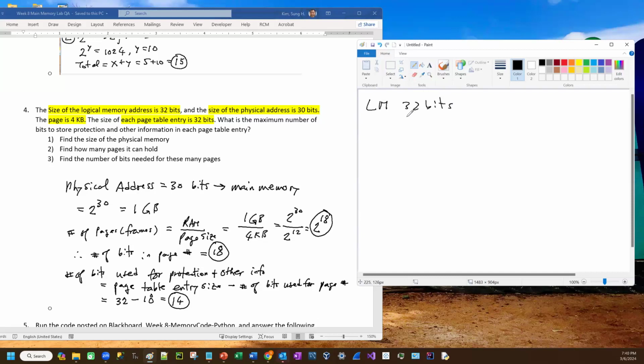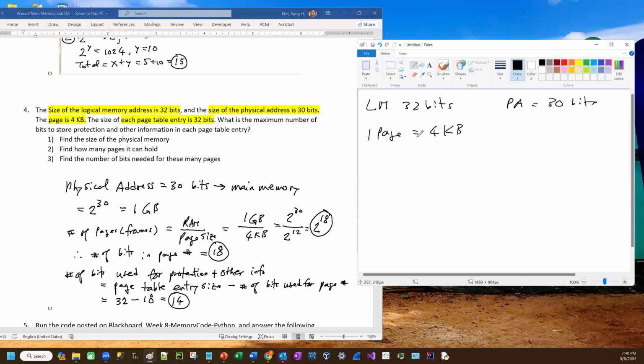Now, what this is saying is just giving you the bits rather than the pages and stuff like that. And the size of the physical address is 30 bits. Okay? And one page is 4 kilobytes.